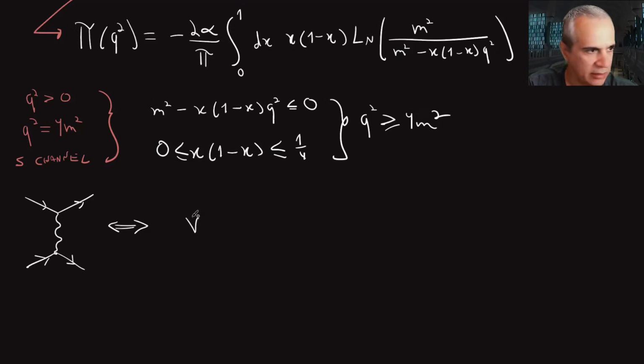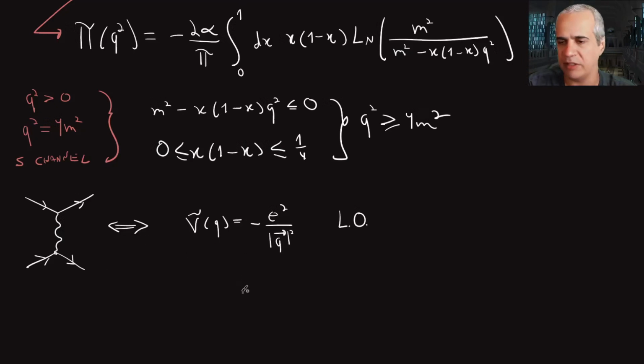I'll write everything in momentum space because it's easier to incorporate this correction. We'll go back to position space when it is convenient. But this is what is obtained at leading order for QED if you do the non-relativistic approximation.